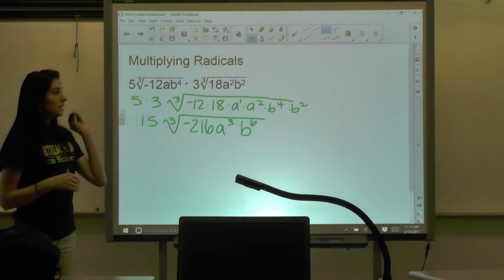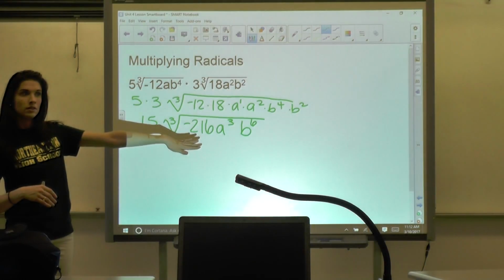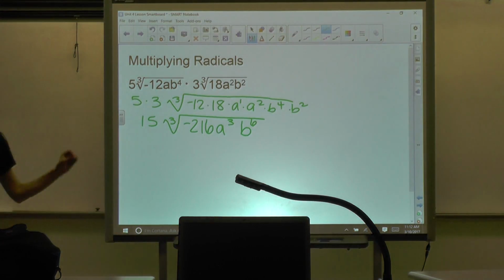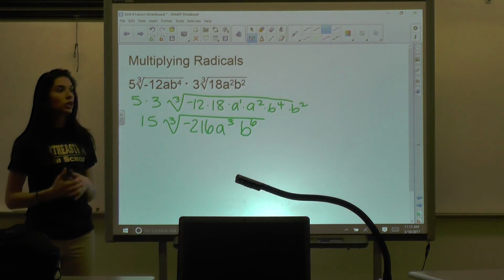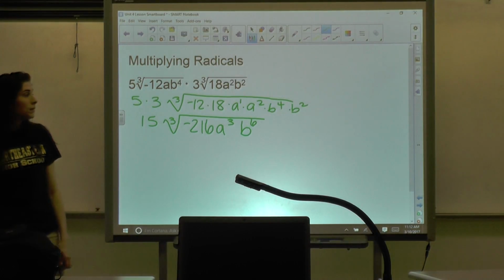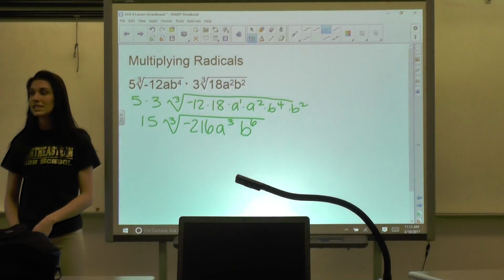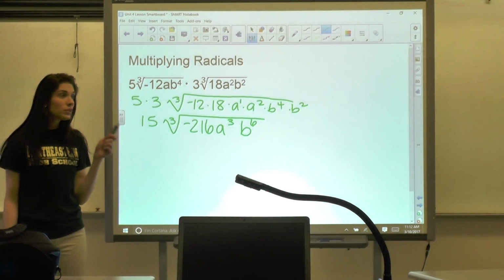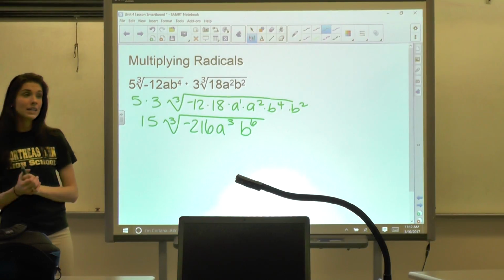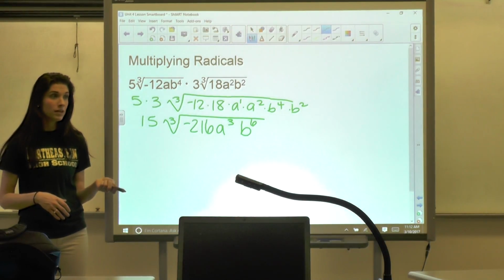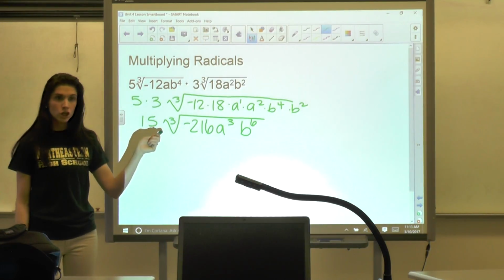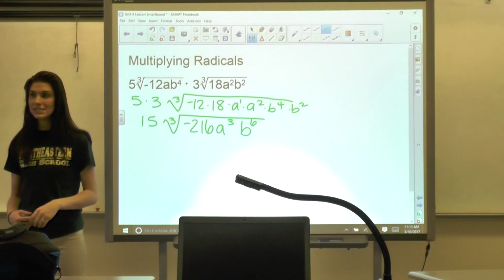Okay? Don't stop here. It's not done. You have to simplify it. We have to see, can you take the cube root of 216? I'm going to tell you you can. So go ahead, type in the cube root of negative 216 in your calculator. No, this is not imaginary, because a negative times a negative is a positive, but then a positive times another negative is a negative, so you can take the cube root of negative 216.